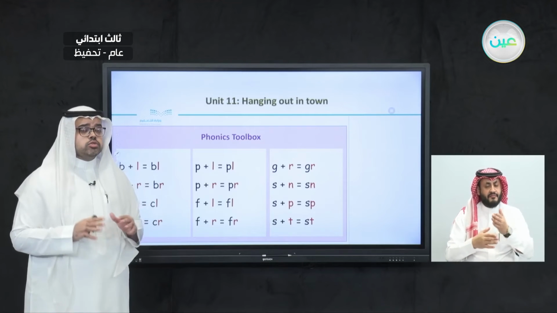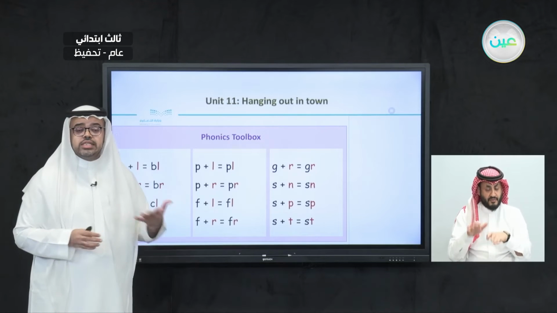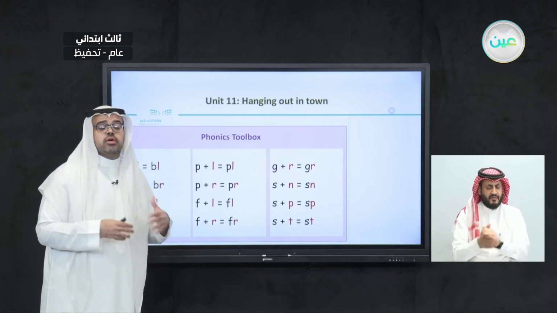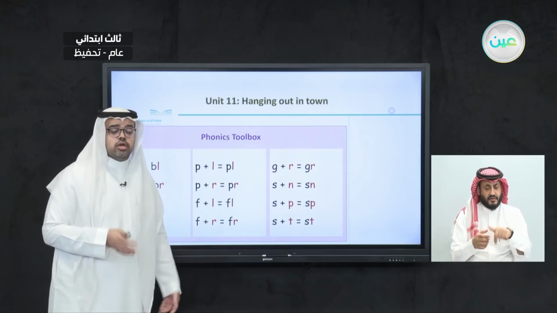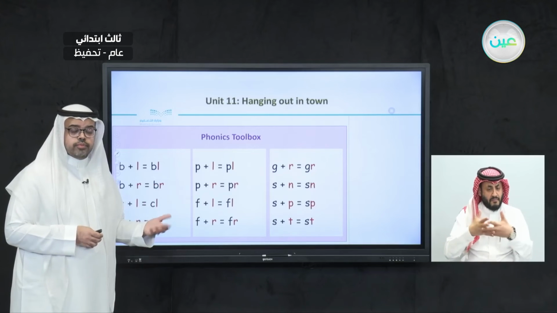Here we want to talk in detail about the different blends that we will practice. The first one is BL. What is BL made of? Here we have the letter B. If we add to it the letter L, then it will be a blend, like for example, black, blue.